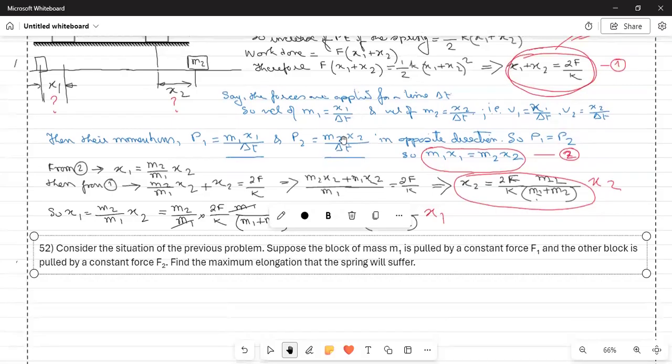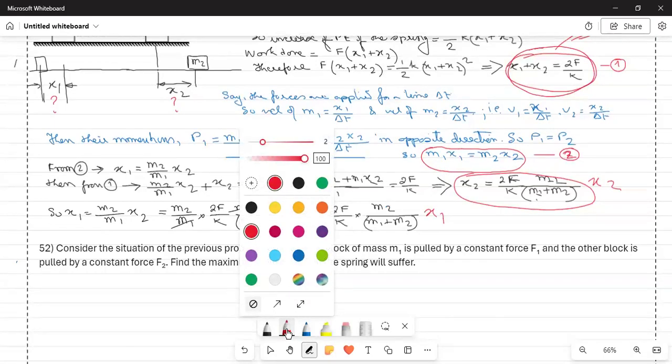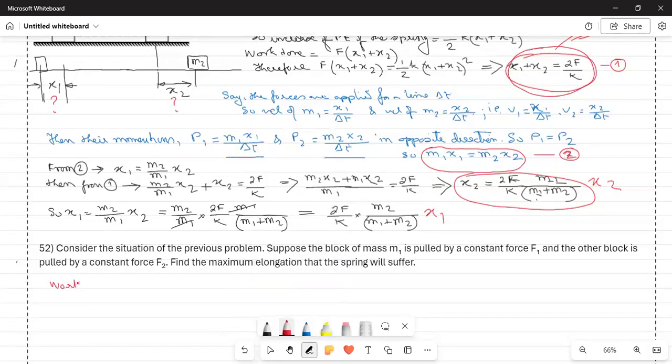So now here, work done is equal to F1 x1 plus F2 x2, and total elongation is equal to x1 plus x2.